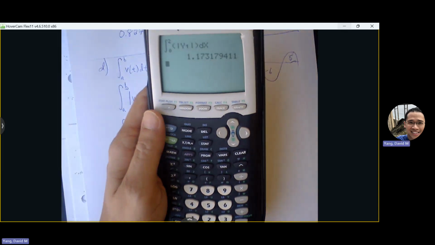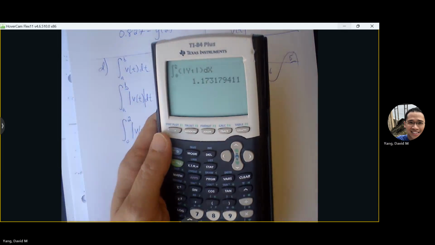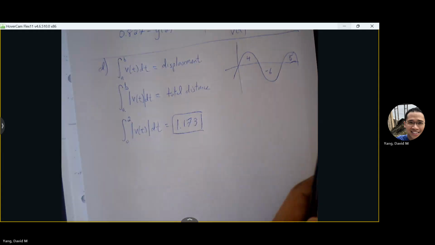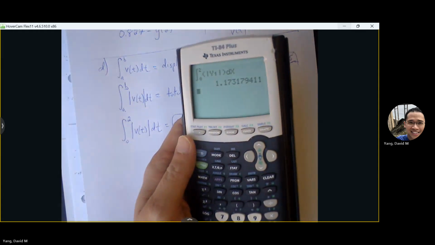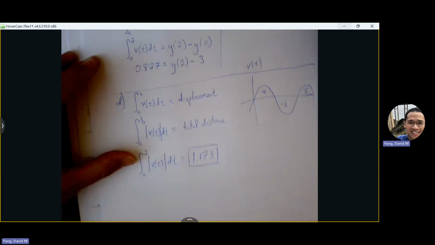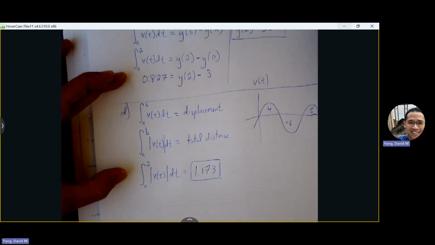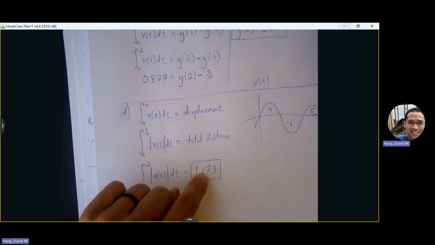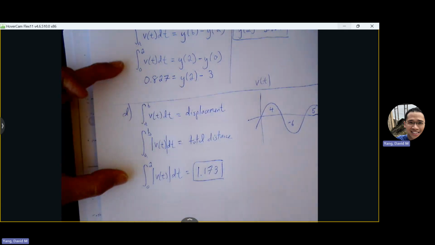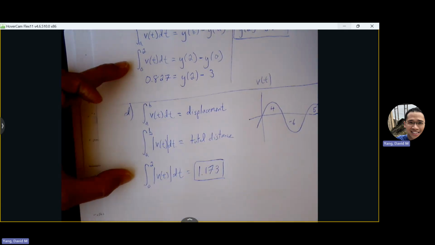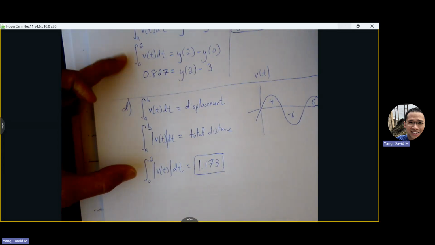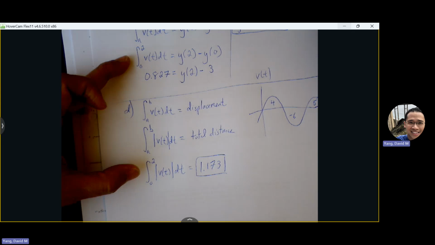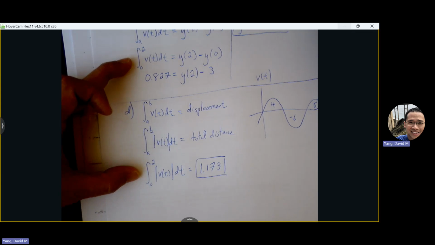Okay, did you guys get 1.173? So your distance and your displacement, if anything, your distance is usually a larger value than your displacement, assuming same interval and same function, because this is keeping track of your forwards and backwards. But if there is no distinction between displacement and total distance, that means this object never changed direction.